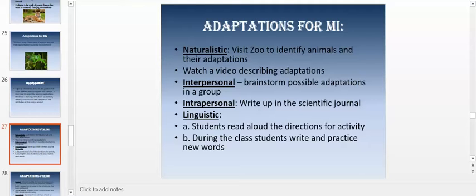Also, they could write up some of the ideas in a scientific journal, and that would activate interpersonal intelligence. Also for linguistic intelligence, students read aloud the directions for the activity in order to clarify and help them identify the steps. Also, they can write and practice the new words during the class.